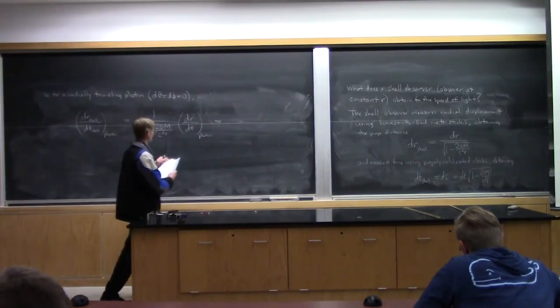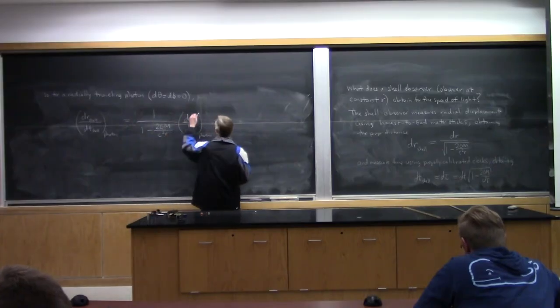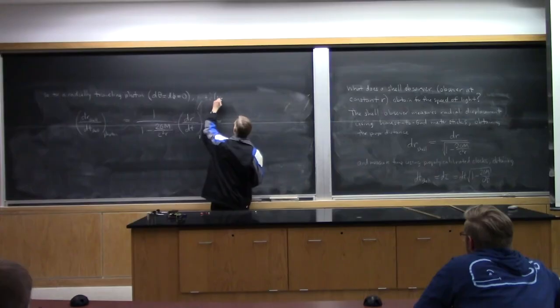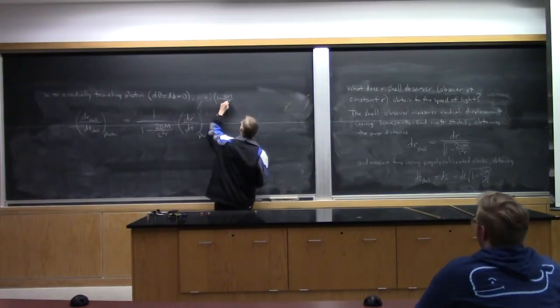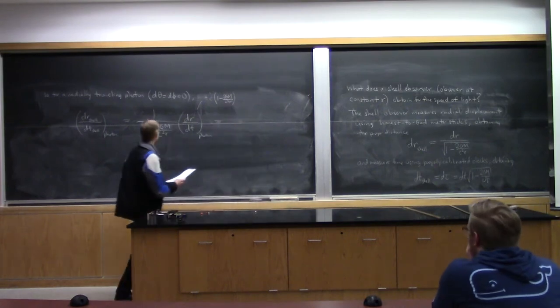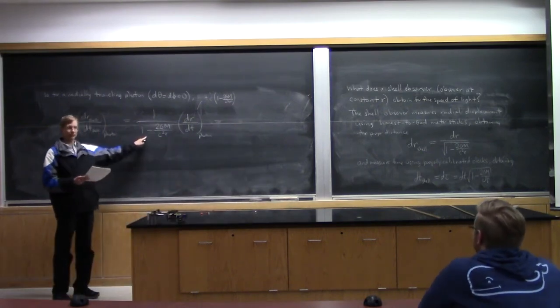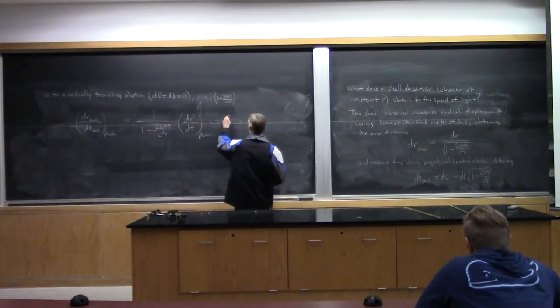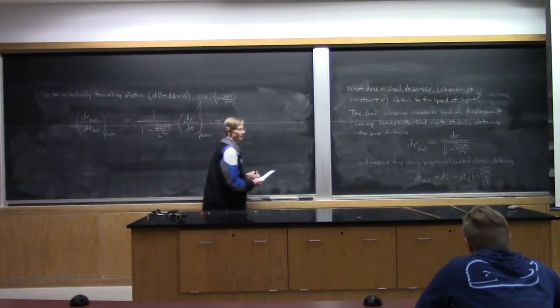But wait a minute, remember dr dt for the photon was plus or minus c times 1 minus 2GM over c squared r. That's the result we just got before. So the 1 minus 2GM over c squared r terms cancel, and we get plus or minus c.